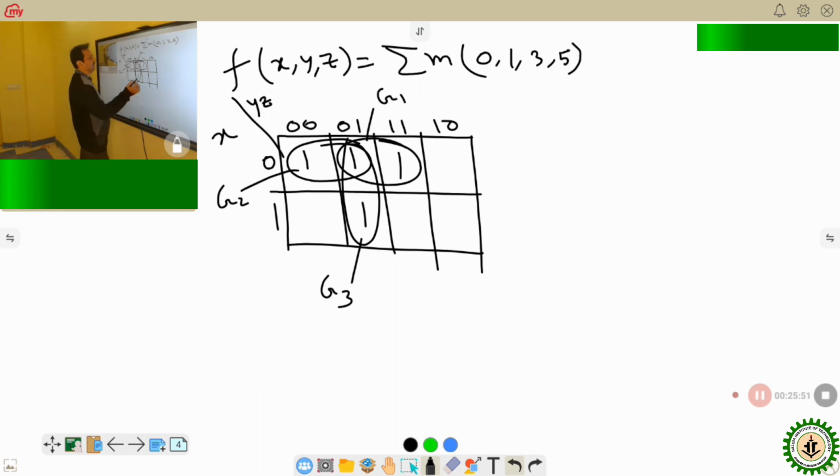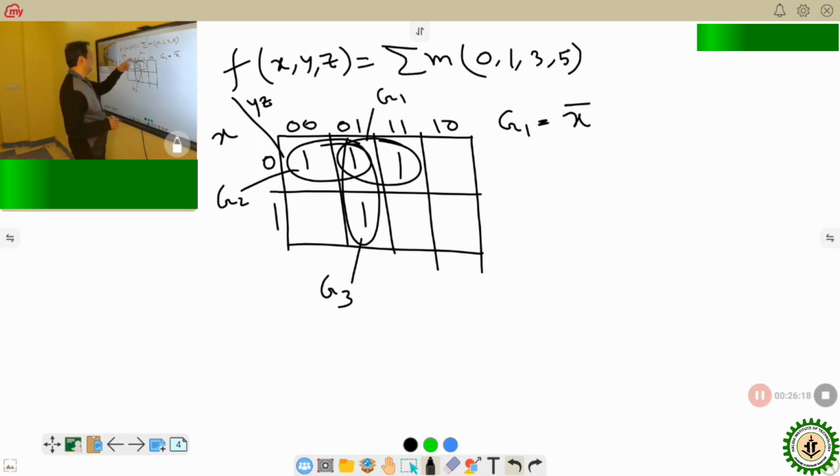Now if I consider group 1, what is the output? Group 1 is this. So x is an unchanged variable, and z is also an unchanged variable. And what is the value of x in that particular cell? The value of x is 0, so this will be x bar.